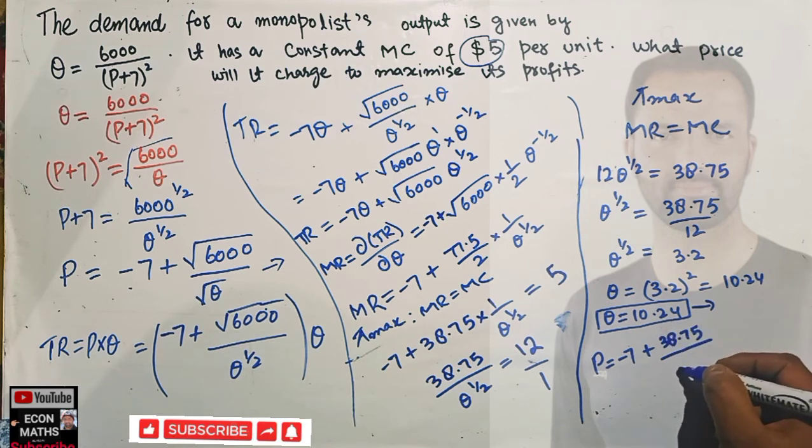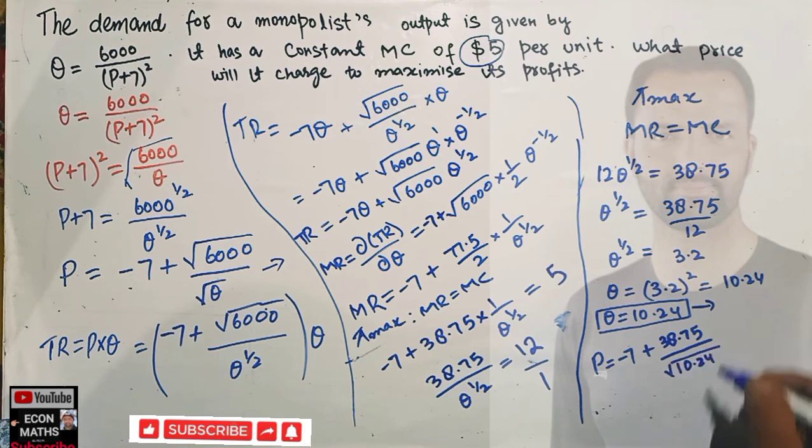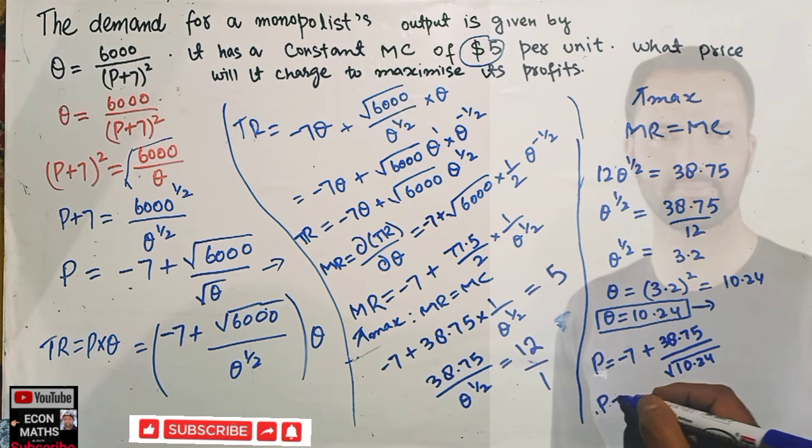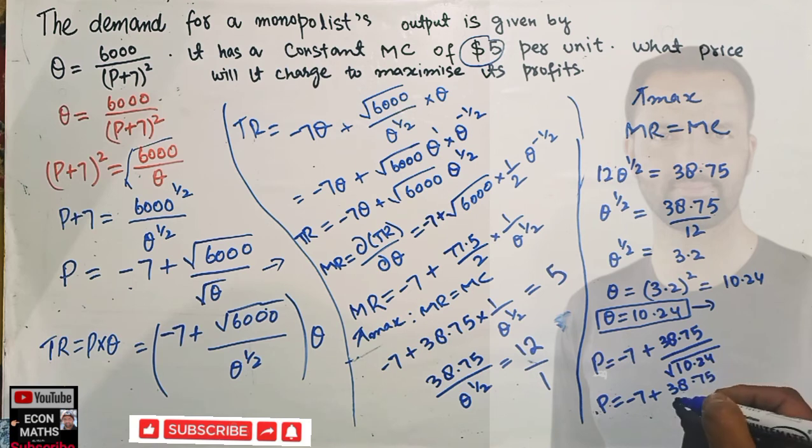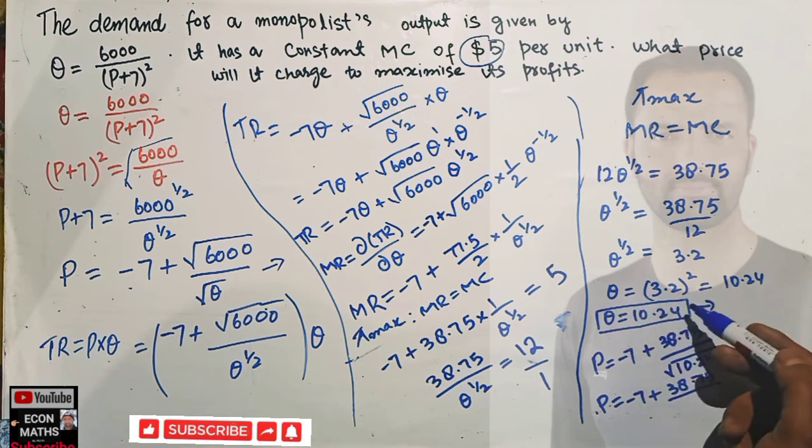If we write it like this, the square root of 10.24. When we solve, this comes out to be p is equal to minus 7 plus 38.75, and this square root comes out to be 3.2.